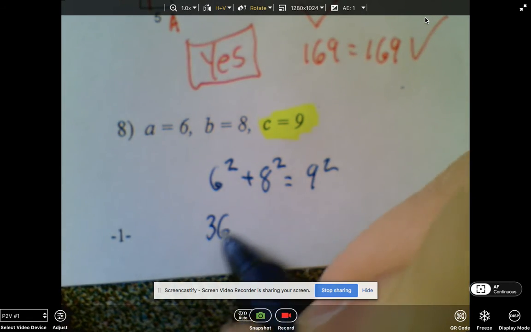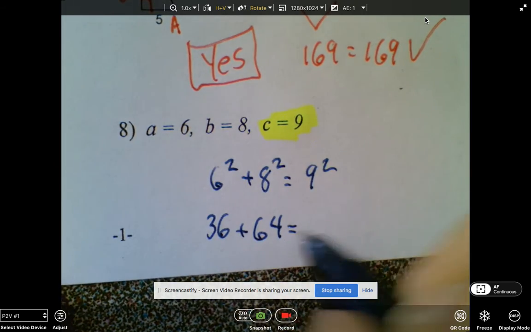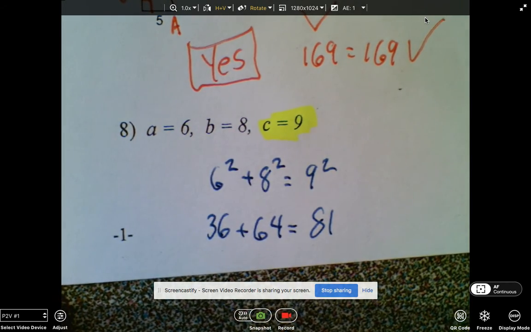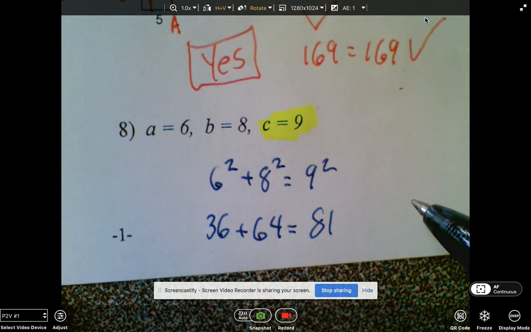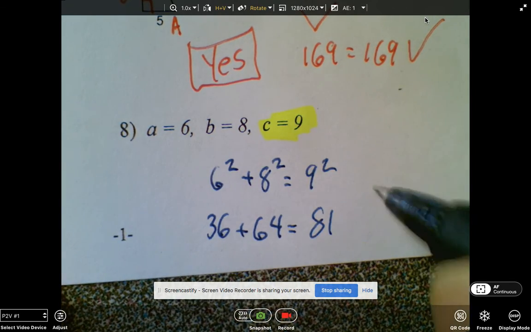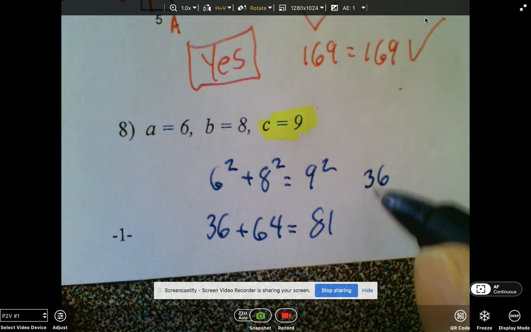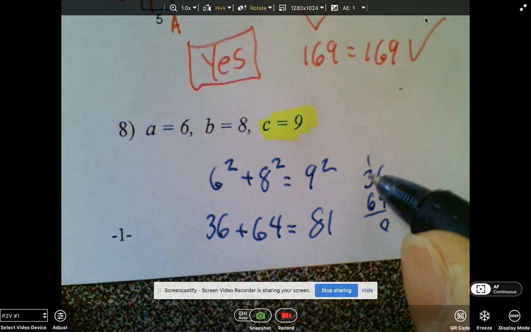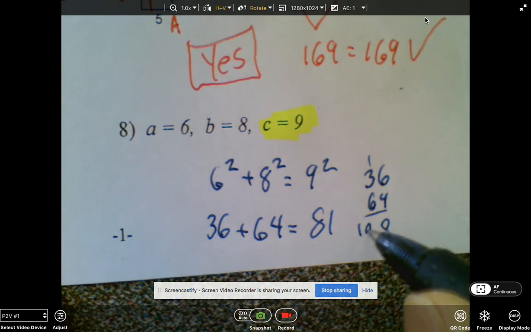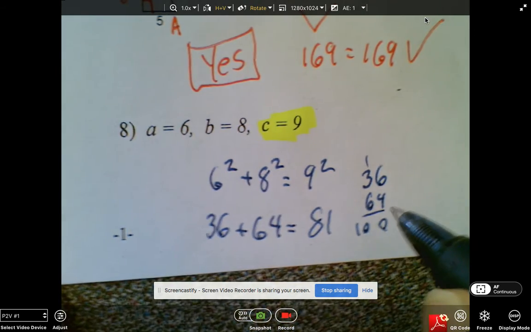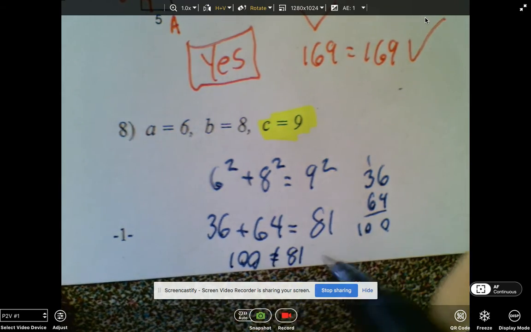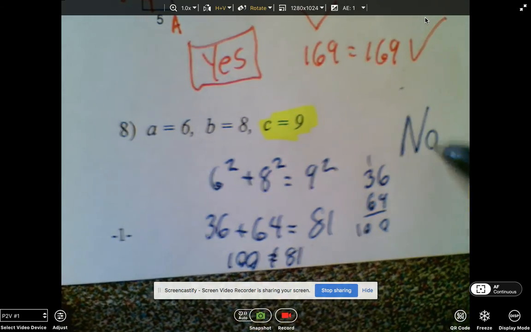This is 36 plus 64 equals 81. 36 plus 64, let's see here, 36, 64, 6, 7, 8, 9, 10 is 100. So 100 does not equal 81, so that is false, so this would be a no.